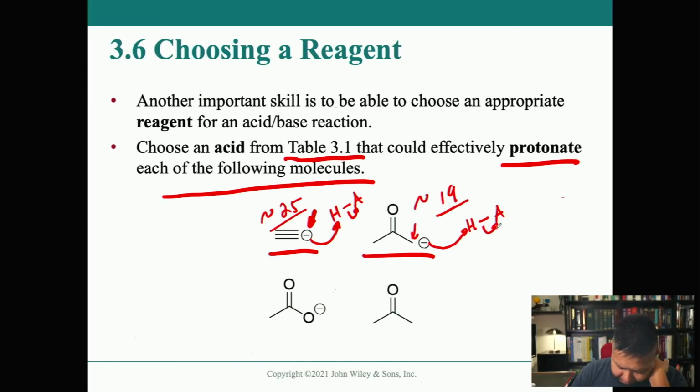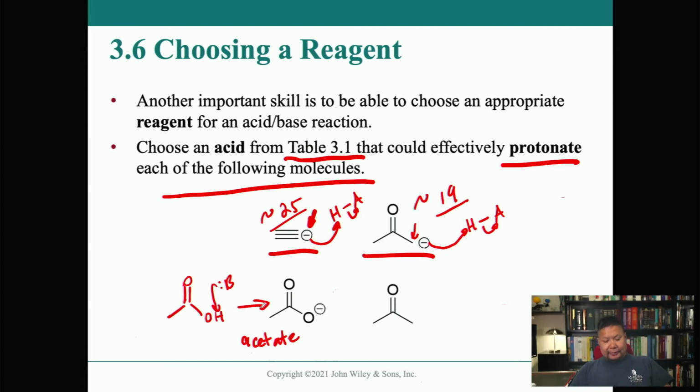The next one here is actually the acetate ion, which comes from acetic acid, which looks like this. Then a base comes over and pulls off that proton and leaves you with that.